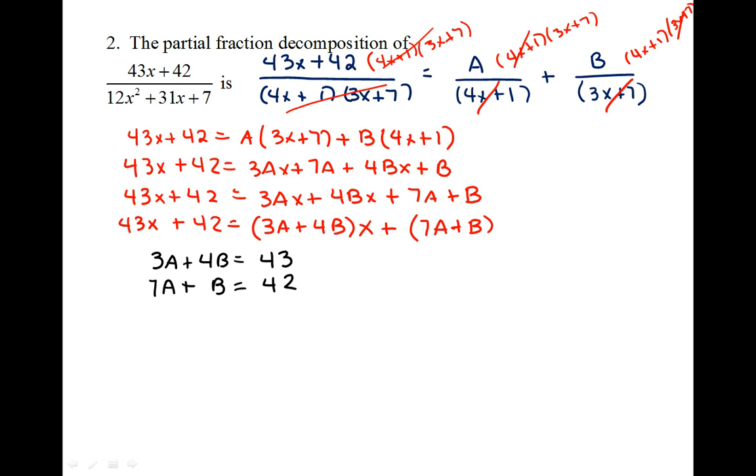And now I'll use elimination to solve this. So I'm going to multiply this bottom equation by -4. On the top, I'll just leave that the same: 3a plus 4b equals 43. On the bottom, I'll have -28a minus 4b equals 42 times 4, which is -168.